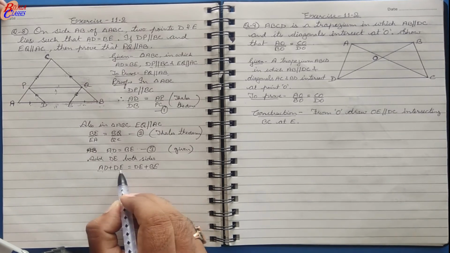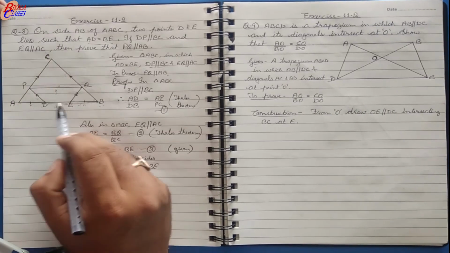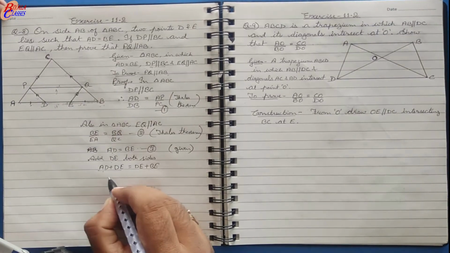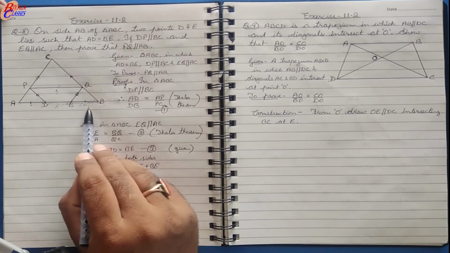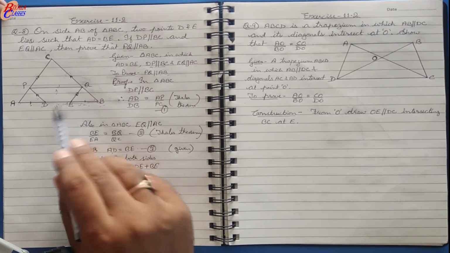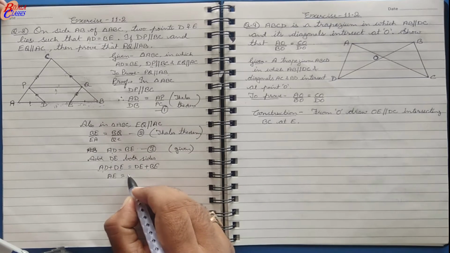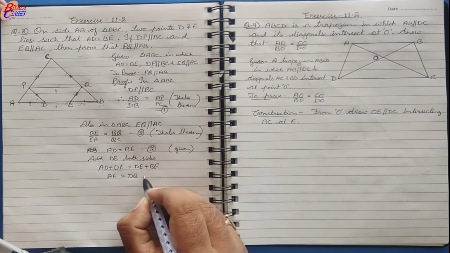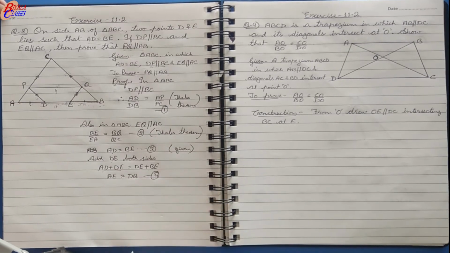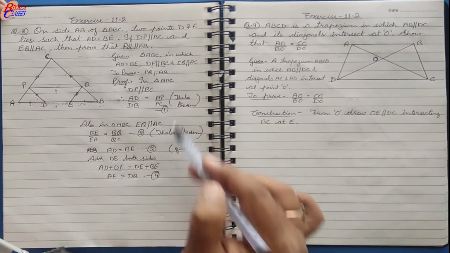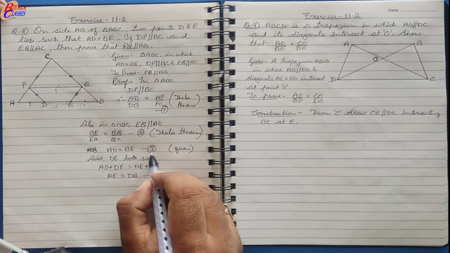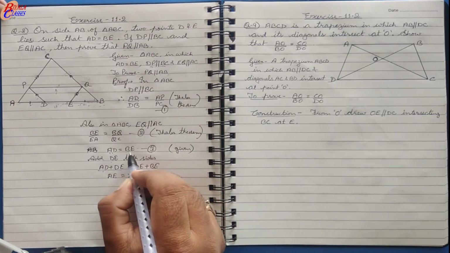Now AD plus DE, if you check it out, forms AE. And if you check out DE plus BE, it forms DB. So this is one more result which we have. Now let us see here all the four results. Let us combine. The third result says AD is equal to BE.